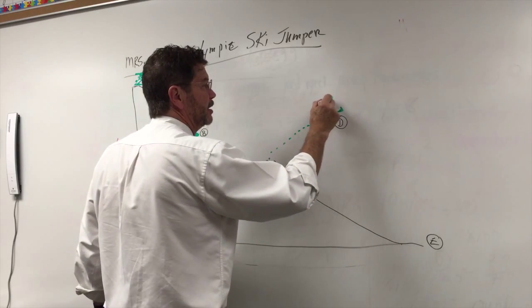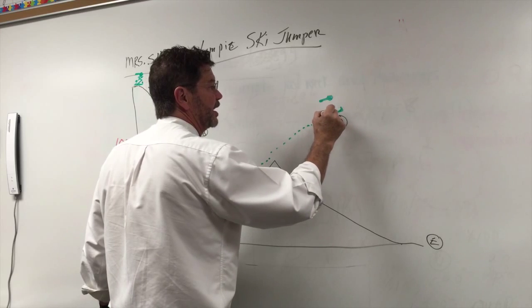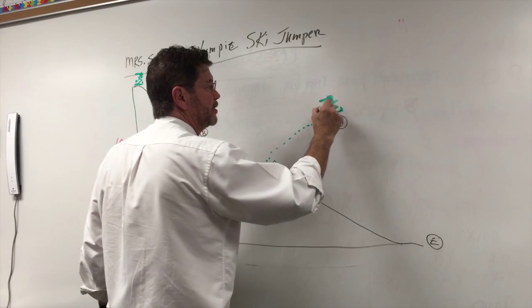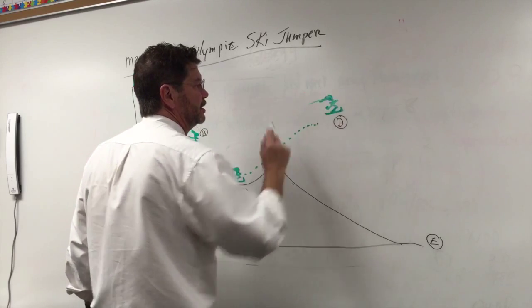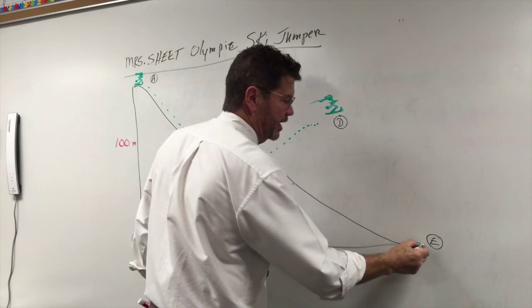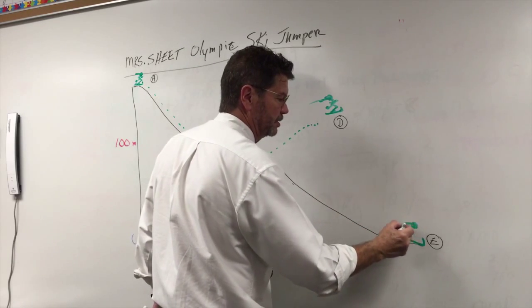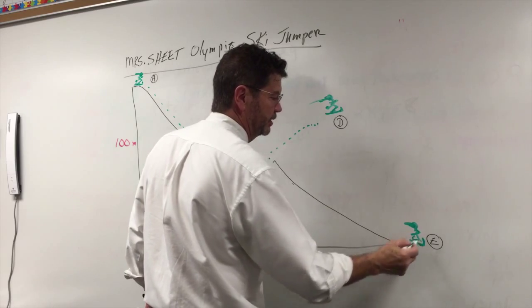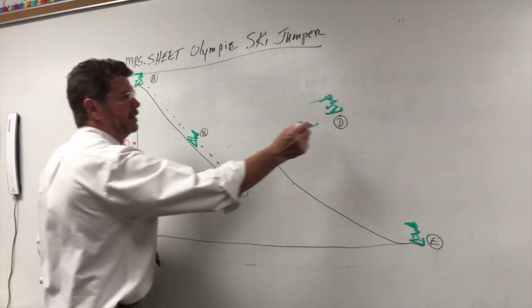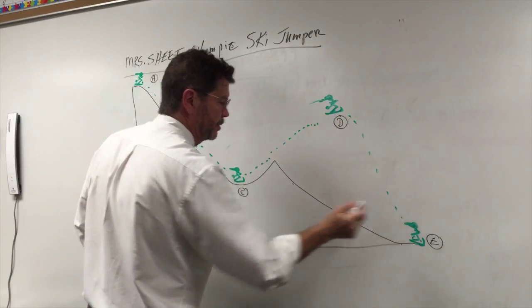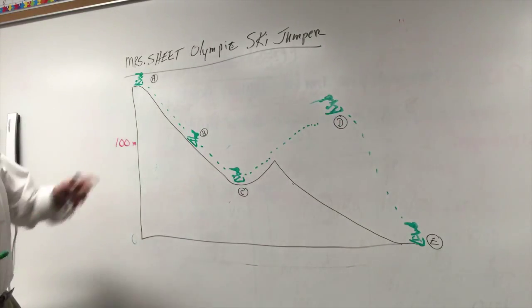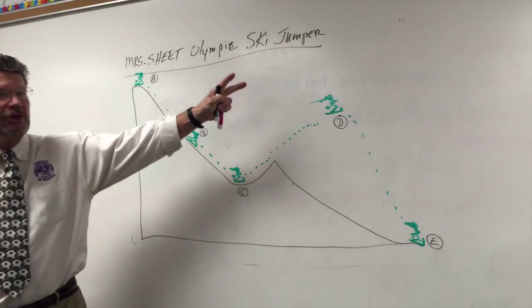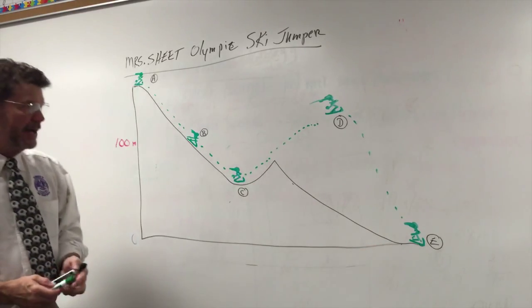She's up in the air here, flying like crazy. And eventually, she ends up back here. Okay, got that? Everybody go ahead and draw that. A, B, C, D, and E. Got it? Here she goes. Okay? Sound effects are free.